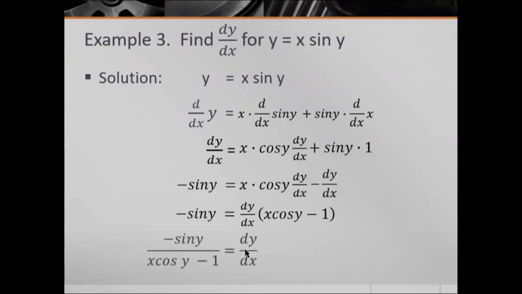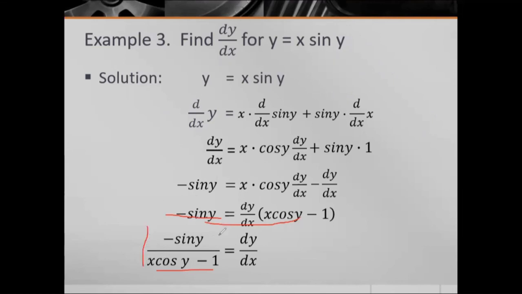Then, pwede nating gawing over left and right. Ayan. So, itong x cosine y minus 1 ay mapupunta sa denominator ng negative sin y. So, ito na siya ngayon. Okay? So, magiging answer natin, pwede mo rin itong ayusin as dy over dx equals negative sin y over x cosine y minus 1. Pero para ma-simplify pa natin, pwede ma-eliminate itong negative. Times natin siya by negative sign.